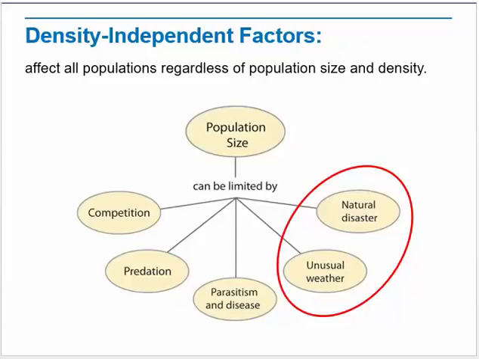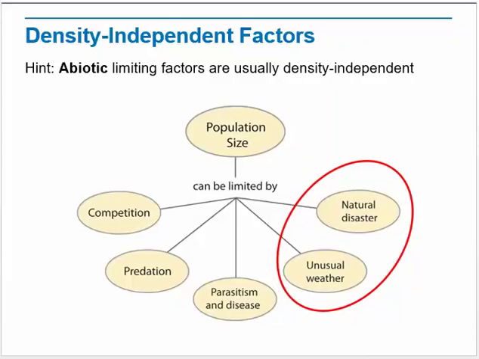But again, these are factors that are going to hit a population, and it doesn't matter how big the population is or how densely crowded the population is. One little hint for remembering what density independent factors are: if the limiting factor is abiotic, then it's probably safe to assume that it's density independent, right?